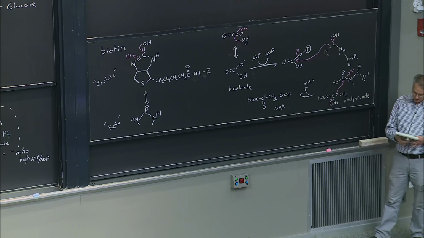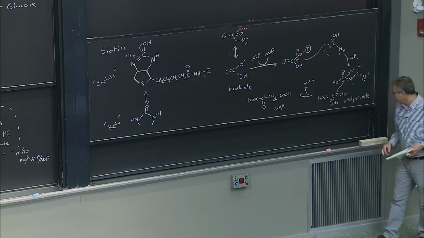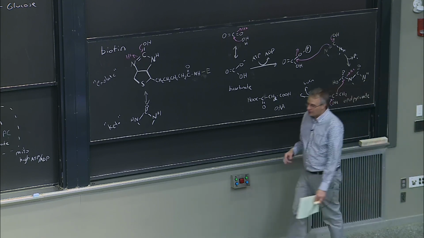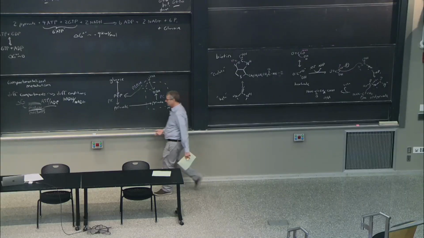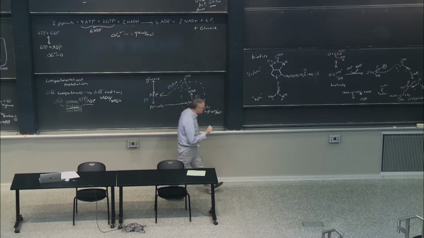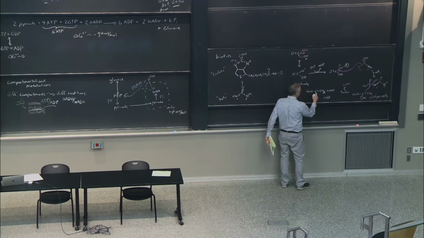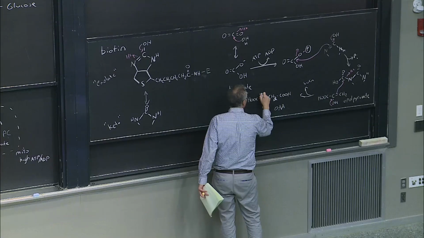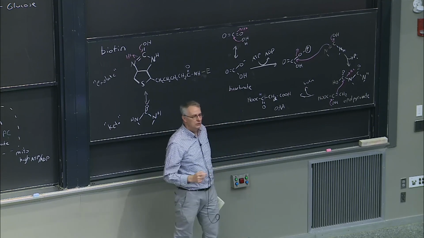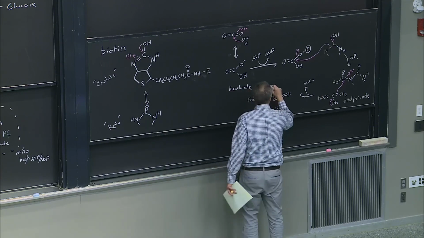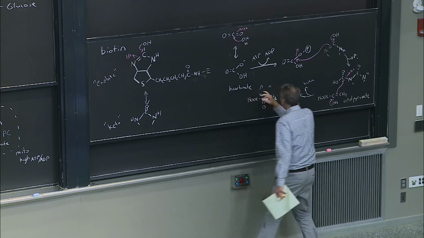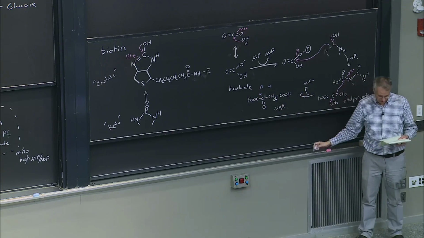Now, I want to point out that oxaloacetic acid is both an alpha keto acid, like pyruvate was, and a beta keto acid. And so this ketone is alpha to that carboxylic acid, and it's beta to that carboxylic acid.